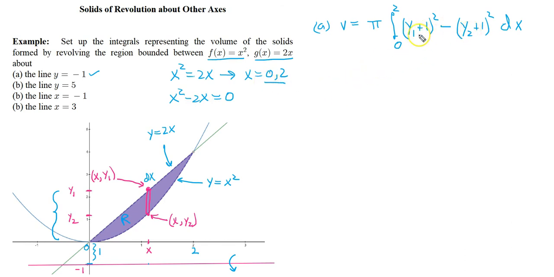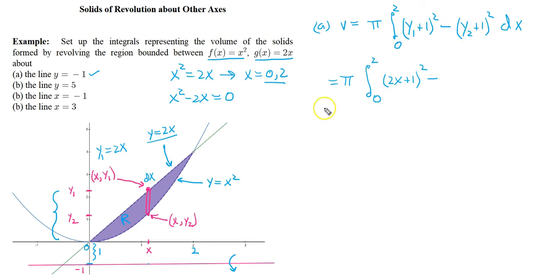Now what we have to do is write y1 in terms of x and y2 in terms of x. Well, the point x comma y1 lies on this curve right here. So if we put x in for x and y1 in for y, we get y1 equals 2x. We just have to substitute that in for y1.